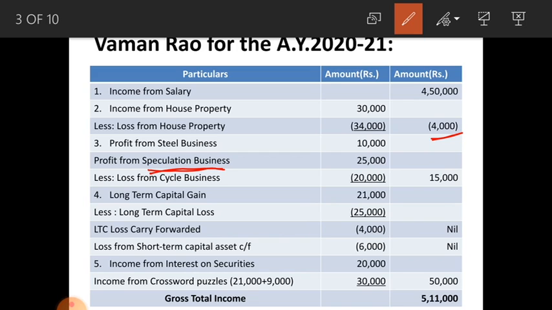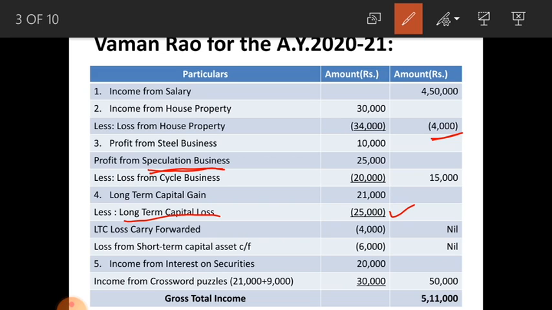Next, see long term capital gain 21,000 is there, and also there is long term capital loss of 25,000. Here long term capital loss is more than long term capital gain, and also long term capital loss can be set off only against long term capital gain, and you cannot set off long term capital loss against any other income.